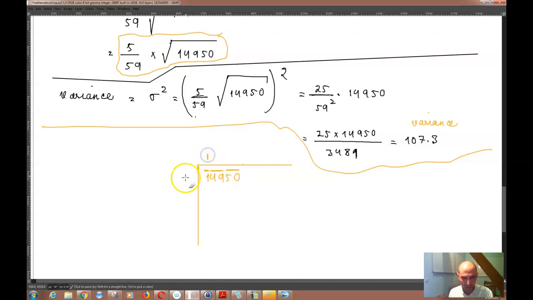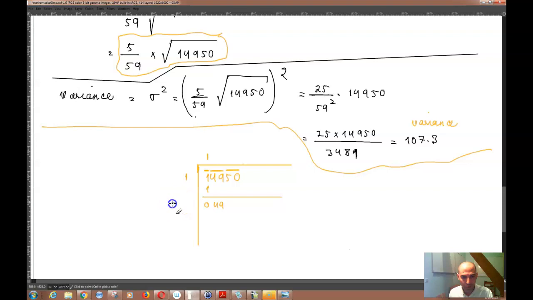Now 1 times 1 is equal to 1. If you subtract, you will get a 0, and then you have a 49 here. Okay, sorry, I need to bring down the 1 here.